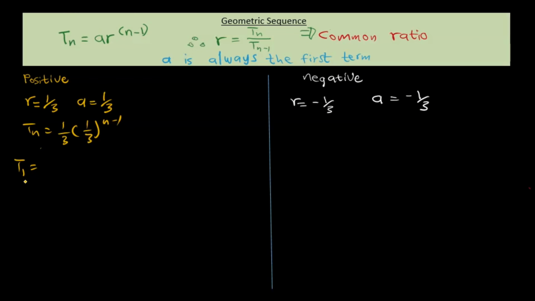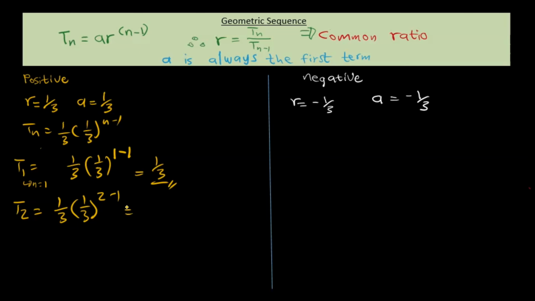T1, where n is equal to 1, will be 1 over 3 times 1 over 3 to the power of 1 minus 1. So this will be 1 over 3. This is my T1. T2, 1 over 3, 1 over 3.